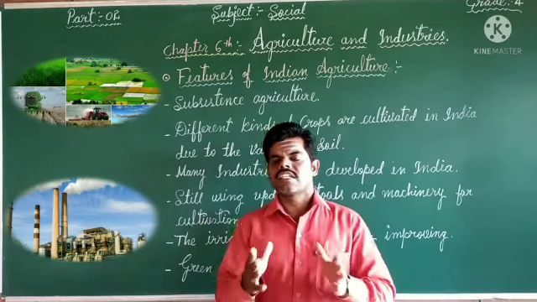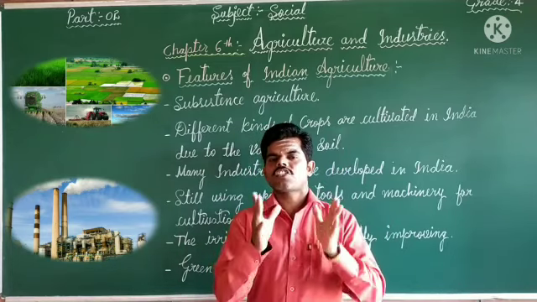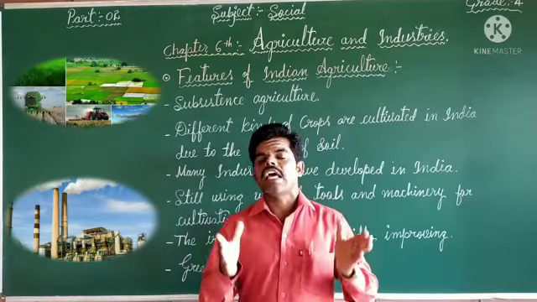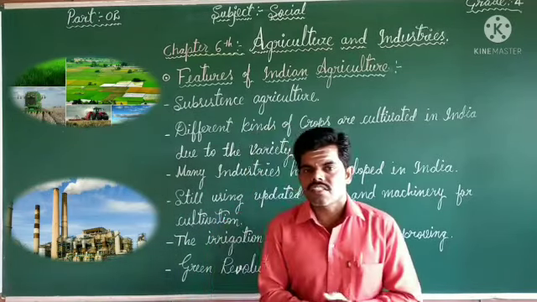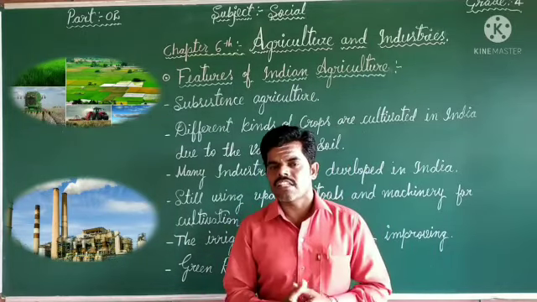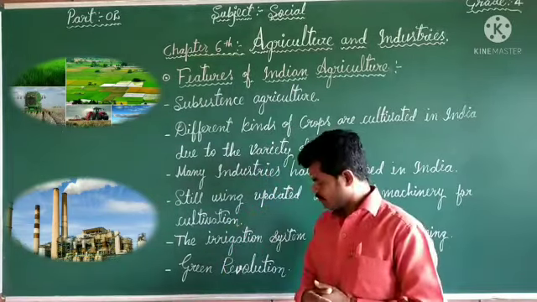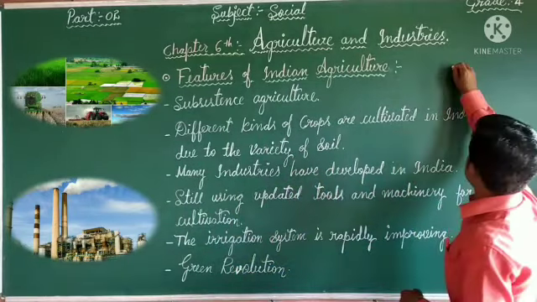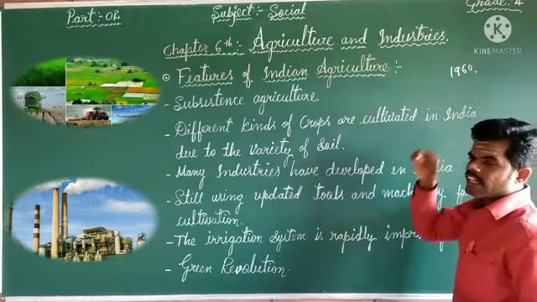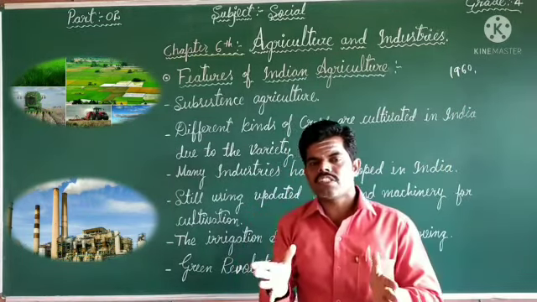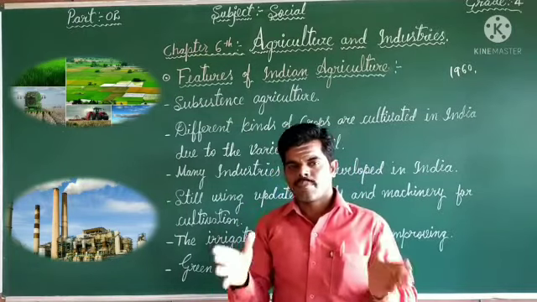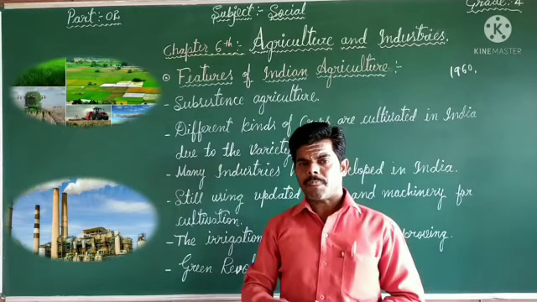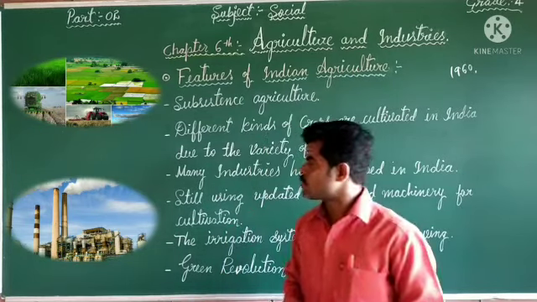The next thing is the green revolution. Dear students, the green revolution refers to when they started using different kinds of tools and machineries in Indian agriculture. The government undertook this in Indian agriculture in 1960, using different tools and machineries in certain states.